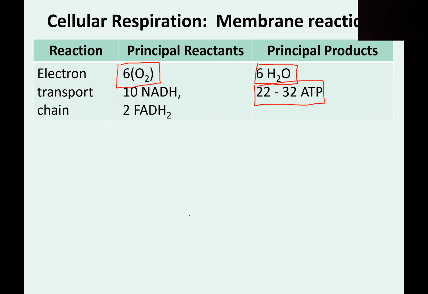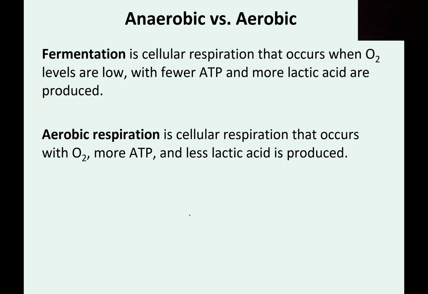All right. Then you have the terms anaerobic and aerobic. Anaerobic without oxygen, aerobic with oxygen. So fermentation is cellular respiration that occurs when you don't have much oxygen. You produce fewer ATP. You produce more lactic acid if you're animals.